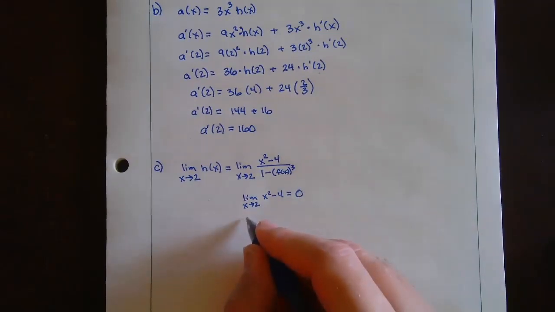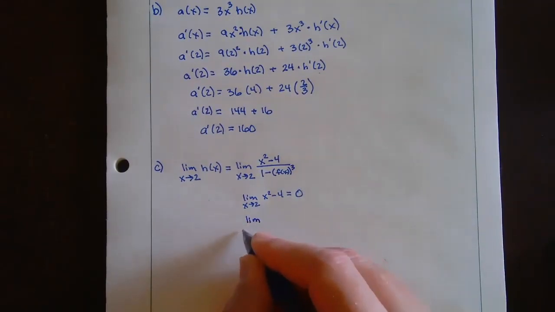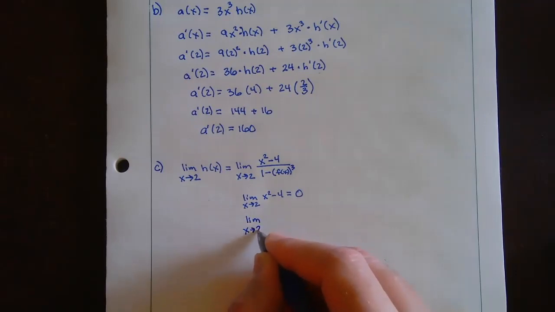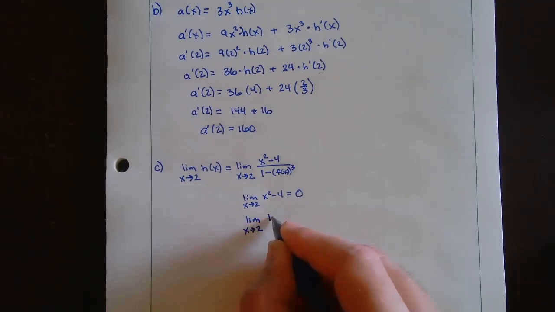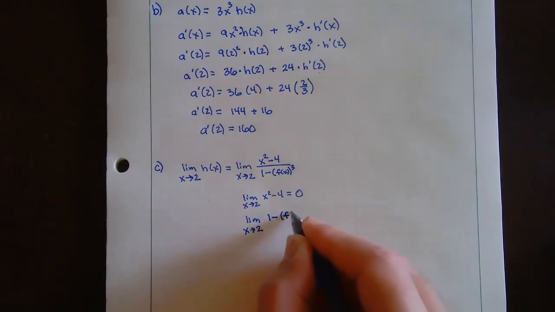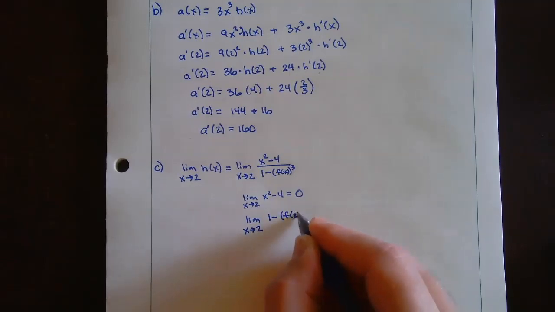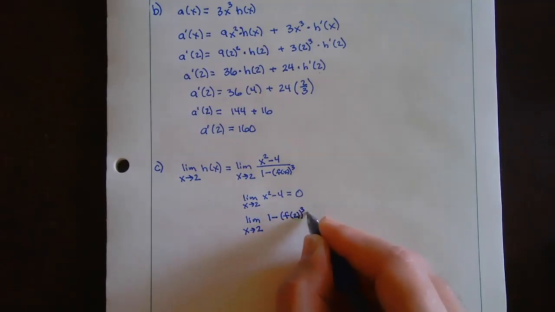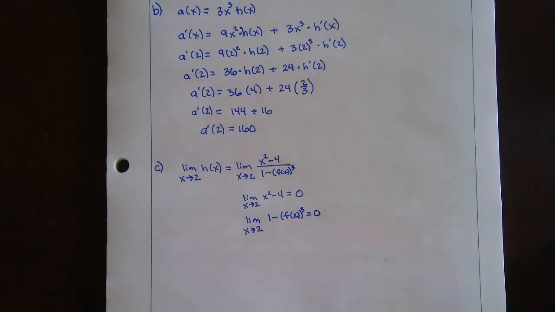So now I know that the limit as x approaches 2 of (1 minus f of 2) cubed, because I'm putting 2 in, must equal 0. It has to, because we're going to get 0 over 0. How do I know we're going to get 0 over 0 and not infinity over infinity? Because the top became 0.